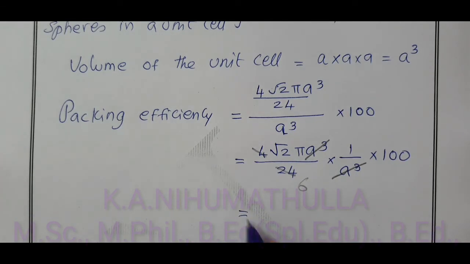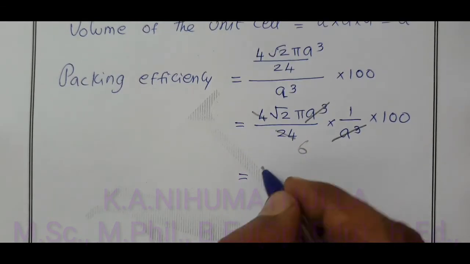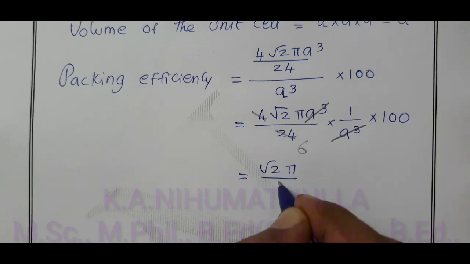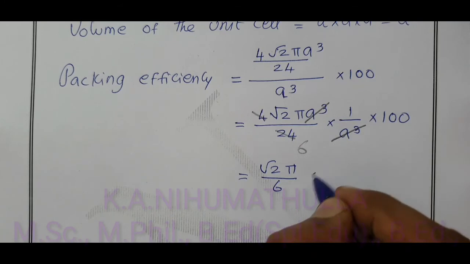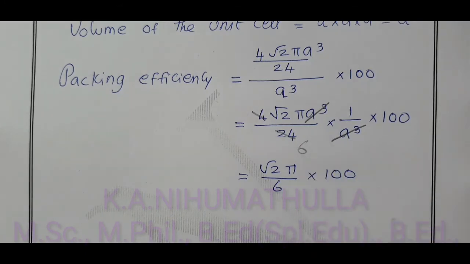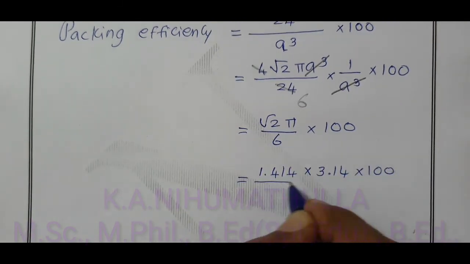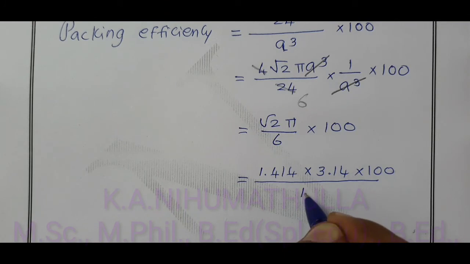What remains is root 2 pi by 6 into 100. That is equal to 1.414 into 3.14 into 100 divided by 6.